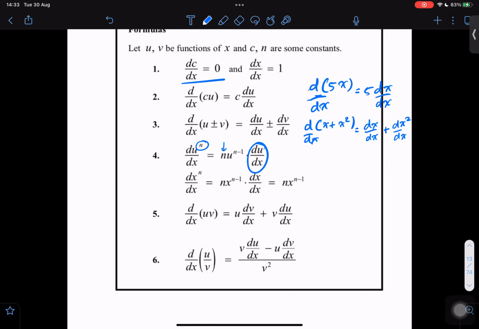For multiplication and division it will be more complicated. If you multiply u by v, then the derivative of uv equals u dv plus v du.